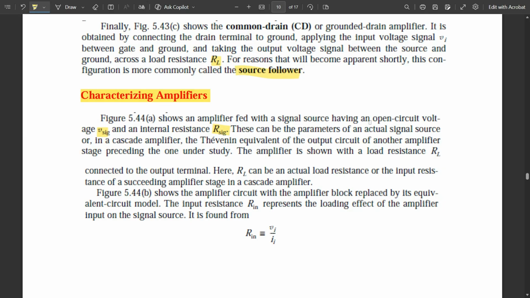These can be the parameters of an actual signal source, or the Thevenin equivalent of the output circuit of another amplifier stage preceding the one under study in a cascade amplifier. The amplifier is also shown with the load resistance connected to the output terminal. Here RL can be an actual load resistance or the input resistance of a succeeding amplifier.